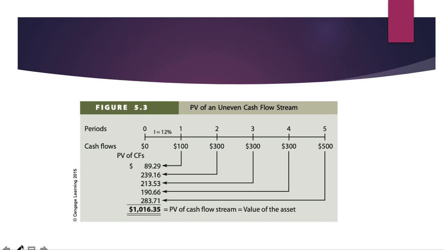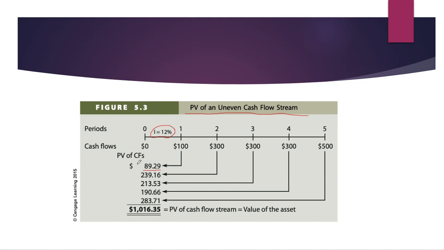So here is the figure that shows us the present value calculation for the uneven cash flow stream, and you can see that we have assumed 12% as the discount rate when we calculate the present value from year 1 to time 0. So basically you will divide $100 by 1.12.